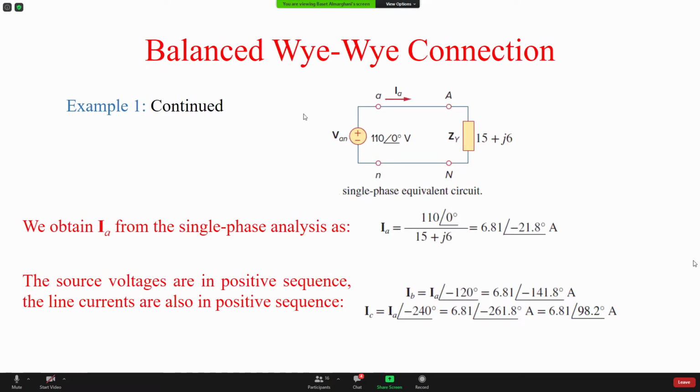Then after that, the other currents, you just take this angle, subtract 120, you get this. Plus 120, you get this. Okay? Because the difference between the first phase and the second phase in the source, for example, the first phase angle was 0, the second one was minus 120, the third one was plus 120.